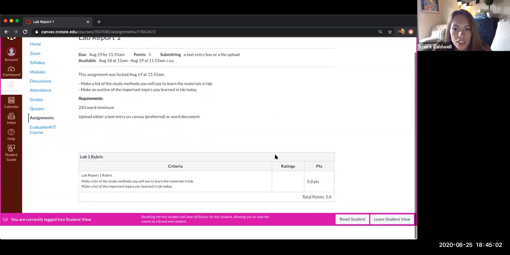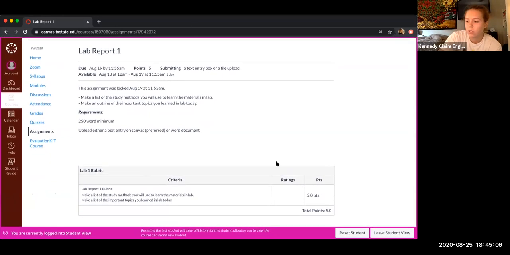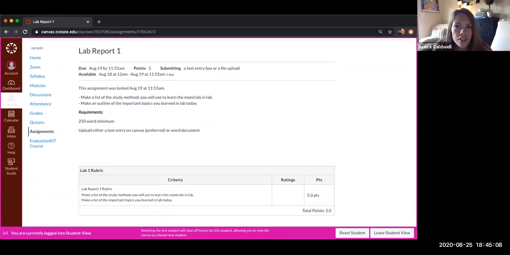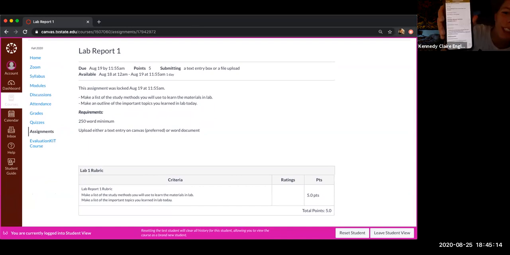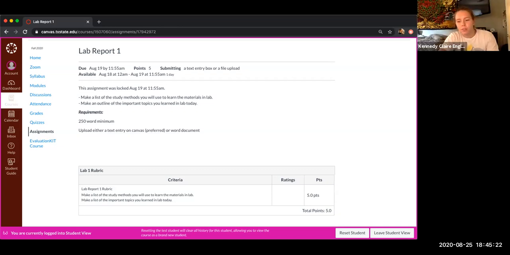I don't know why it's not showing for my view. But email me if you're having trouble with that, but there should be some type of submission button. If you can see my phone, there's a blue submission thing. Is that it? Yes, that's it. Okay, cool. Thank you. Anyone else?